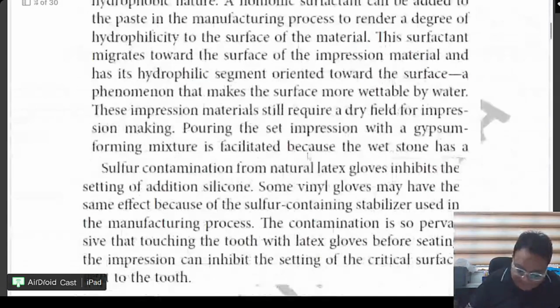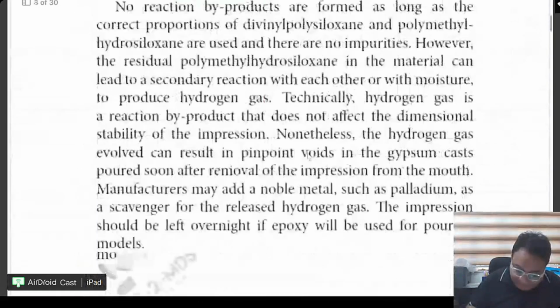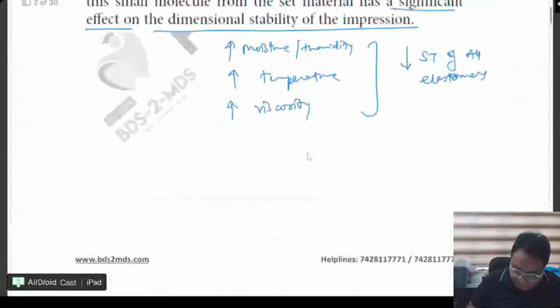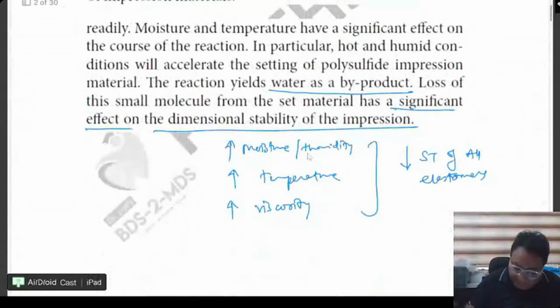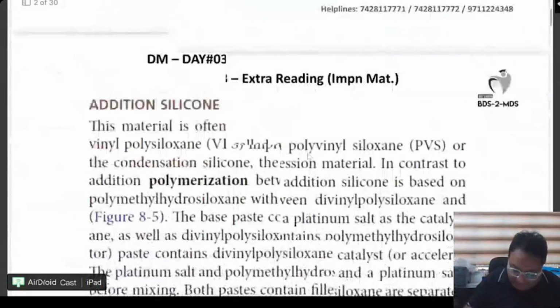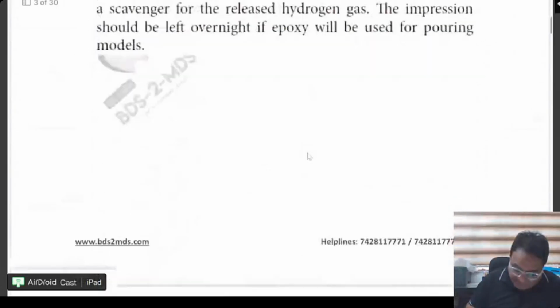Now condensation we have done, so we will do only condensation. There is something wrong. I copy pasted one paragraph of condensation also, and it disappears.